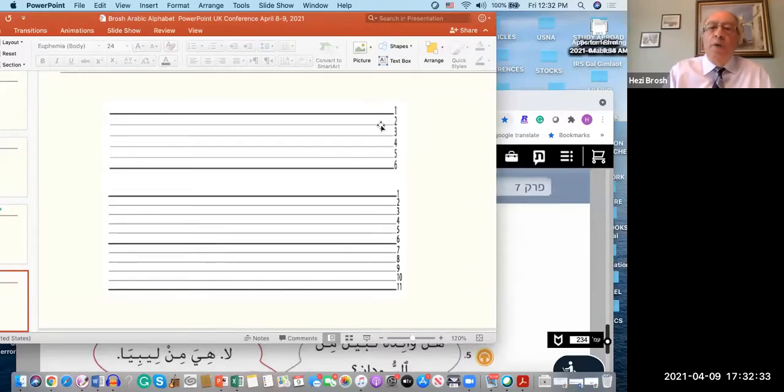So that's why I use those 4 auxiliary lines between line number 1 and line number 6. This is a double staff because there are letters that shift downwards, like Ain, Ghain, Jim, Qaf, Nun. So I use a double staff.